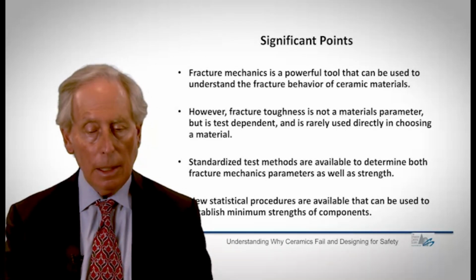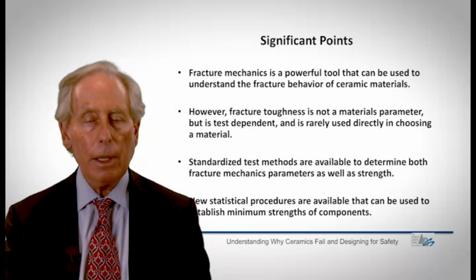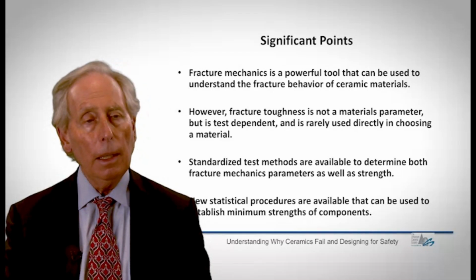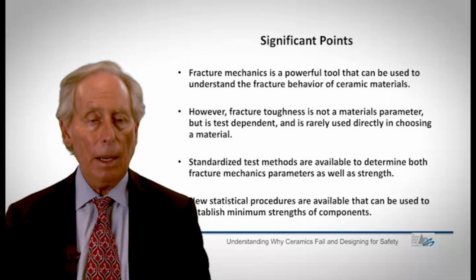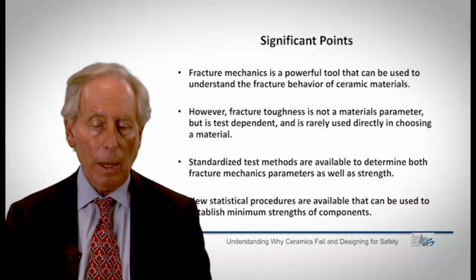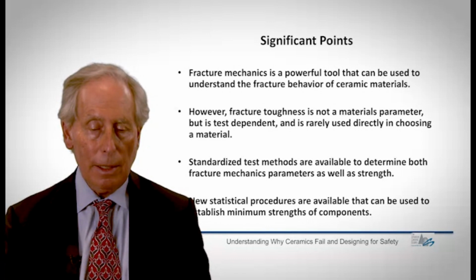And secondly, this point that fracture toughness is a test-dependent parameter, rarely used directly in choosing a material. I stressed in predicting reliability, time-dependent failure, we went out of our way to avoid using stress intensity factors. It's much easier to do strength testing, a better way to go about it. And I showed you a lot of fracture mechanics tests, so you can see that one may not give answers to another.